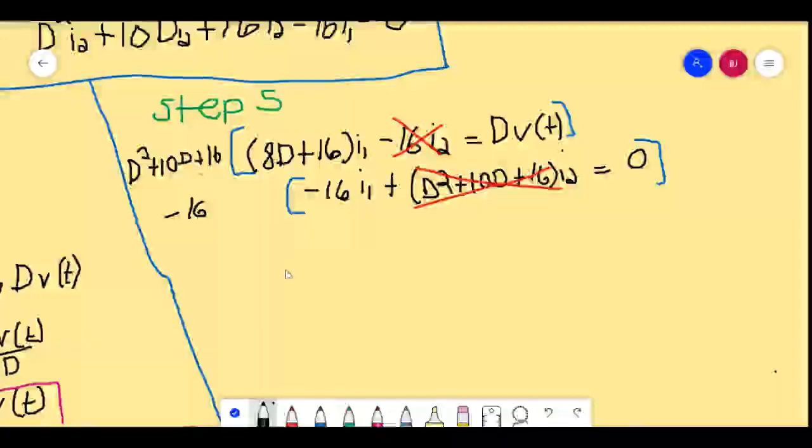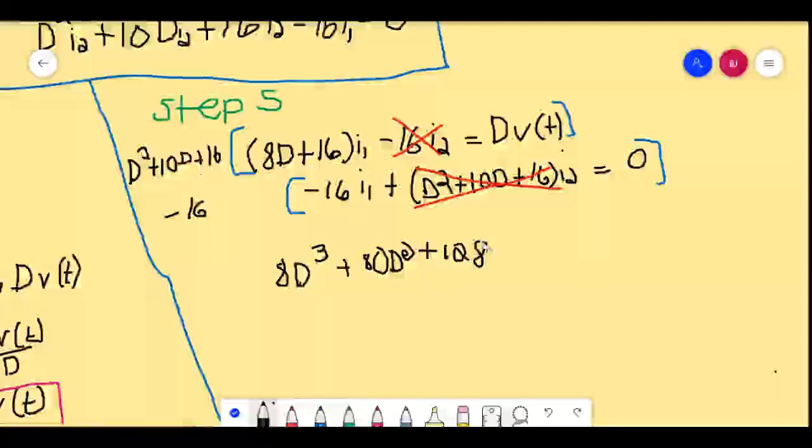So this one would be, it's right here, so 8d cubed. d squared times 16 is, I'll just multiply it here, 80d squared. So 80d cubed, 80d squared, and then 128d. 16 would be 16d squared. 160d.